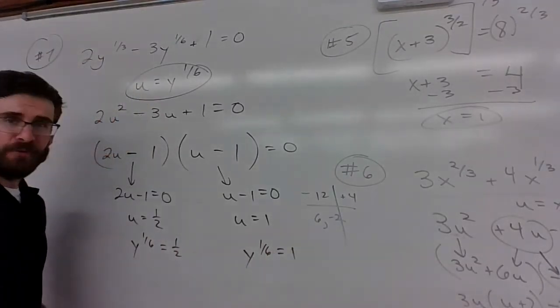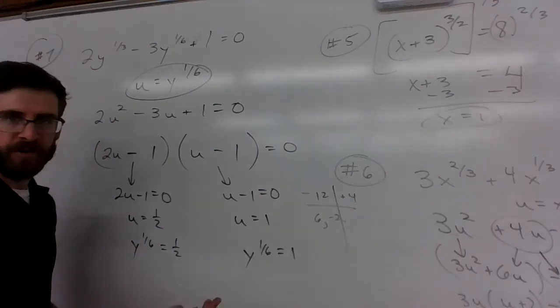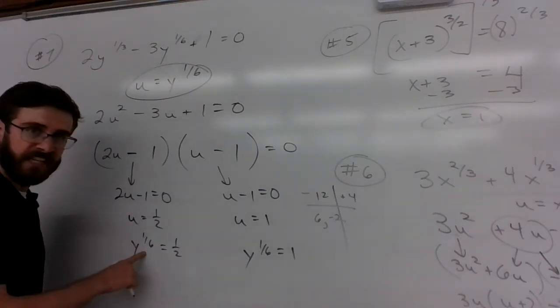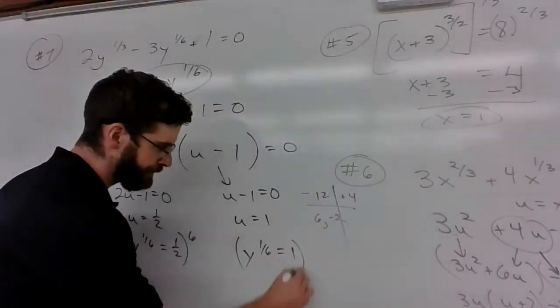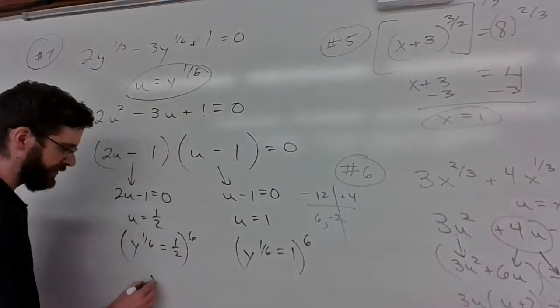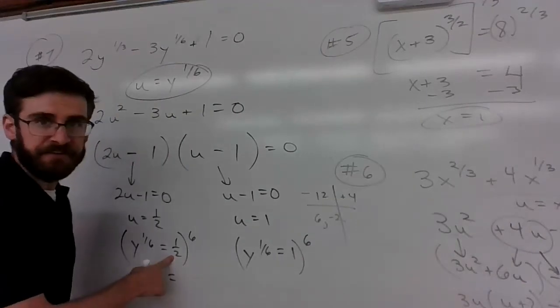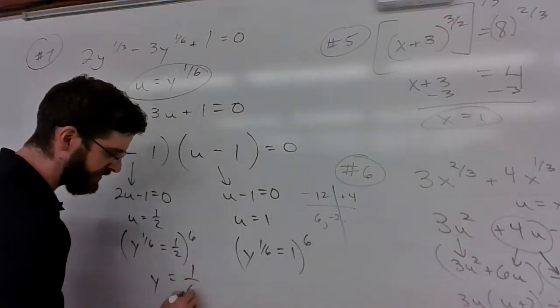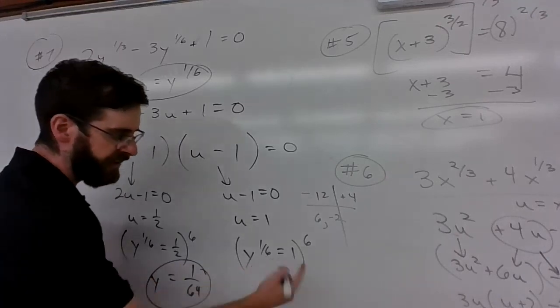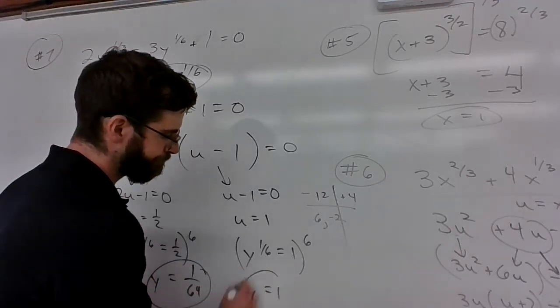All right, and there's not really a huge difference between this one and the previous example. To get rid of 1/6, you take a power of 6 to both sides. So when you multiply 1/2 times itself 6 times, 2 to the 6th power is 64, so it's 1/64th, and then 1 to the 6th power is just 1.